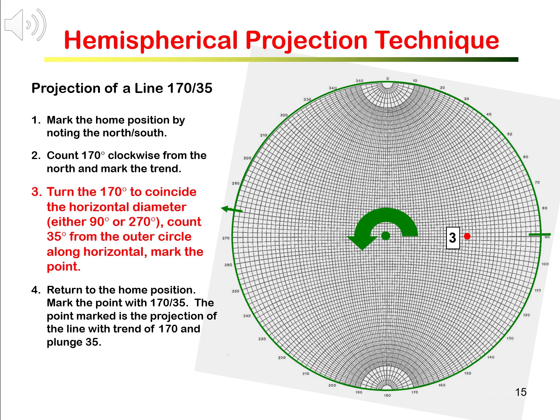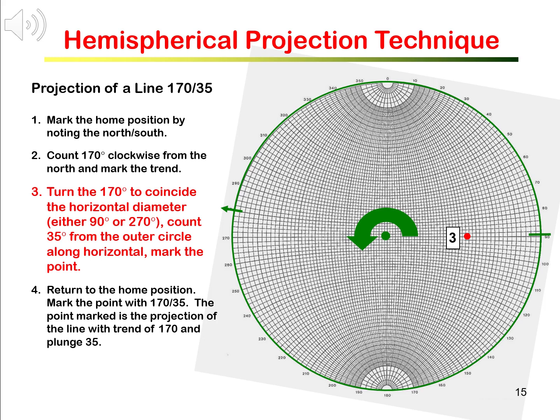So we turn the marked point of 170 to coincide with the horizontal diameter, either 90 or 270 on the net, whichever is convenient. So you can turn clockwise or anti-clockwise to make sure the 170 mark is lying horizontally on 90 or 270.